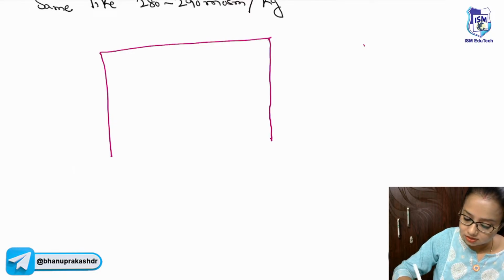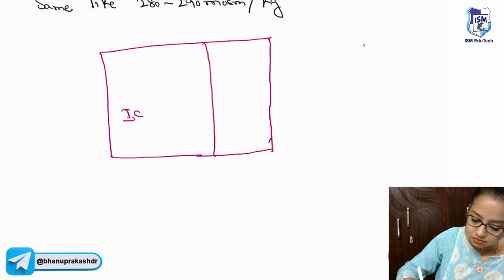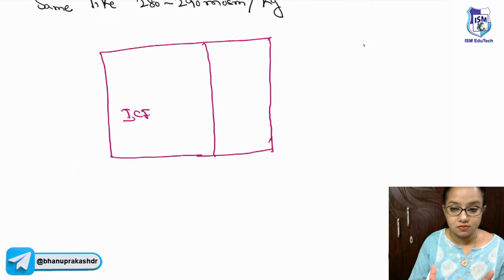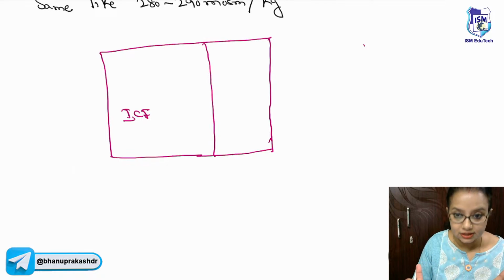See, this is our cell. Okay, this is the ICF. Why have we shown ICF with a larger area? Because ICF contains more body fluid, right?